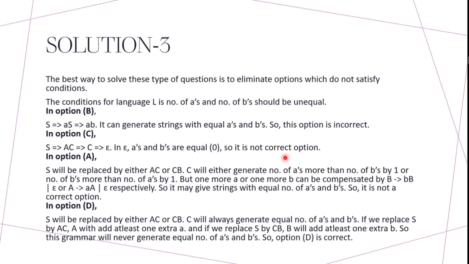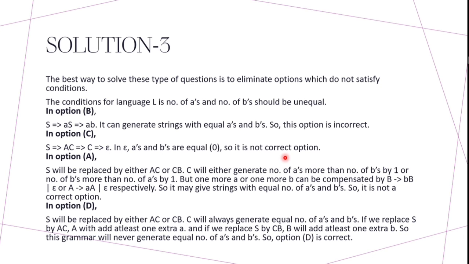But the extra A or extra B can be compensated by B going to small b capital B, and A going to small a capital A and epsilon respectively. So it may give strings with an equal number of A's and B's. So it is also not a correct option.